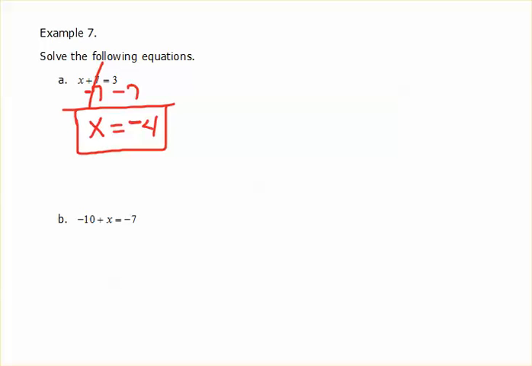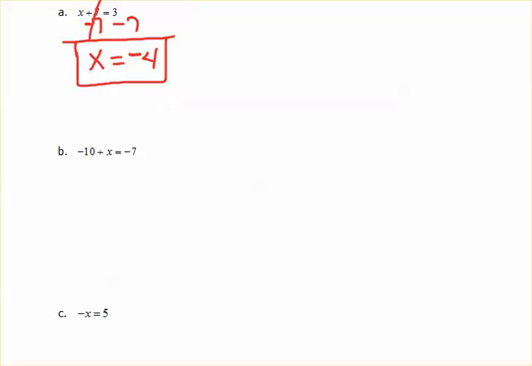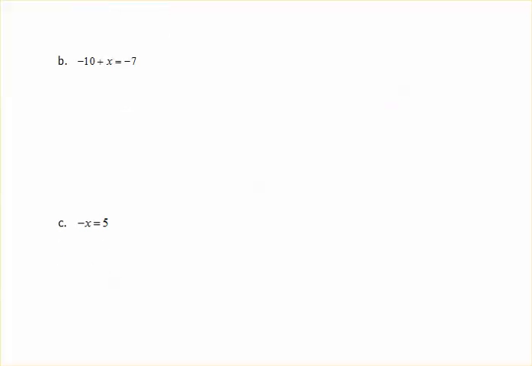All right, for part B, it says negative 10 plus x equals negative 7. So again, we want the variable alone so that we know what it is. So we're going to do the opposite, or the additive identity. So the opposite of a negative 10 would be a positive 10. And as long as we do that to both sides of the equation, then we keep it balanced.